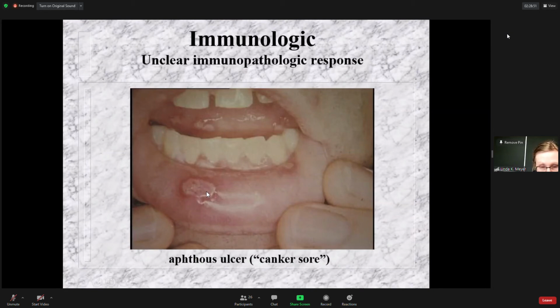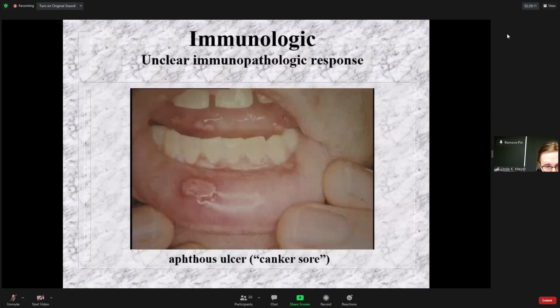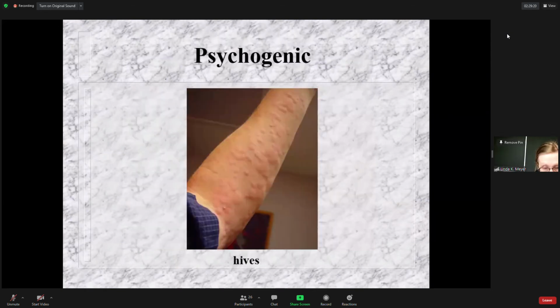This is not a severe condition in most patients, getting canker sores, but in some individuals, it's very severe. Okay, so we'll really be getting into quite a few immunologic diseases that fall under this category.